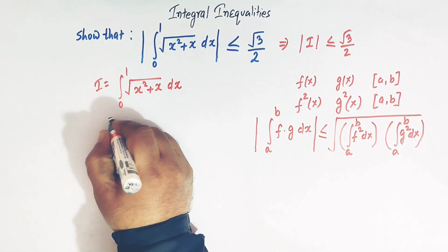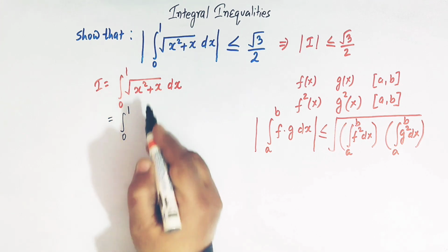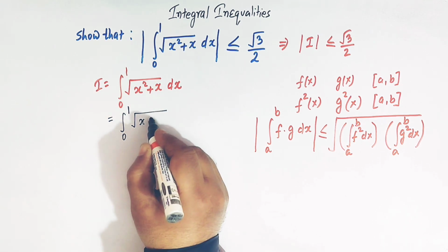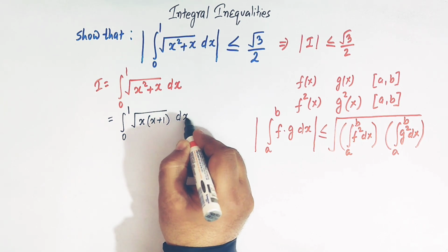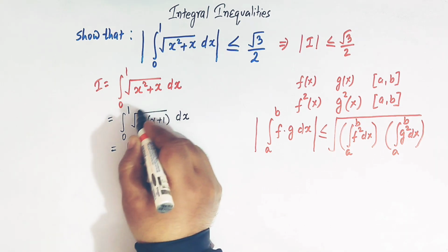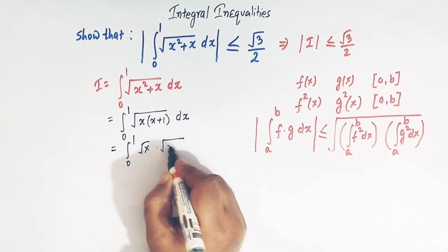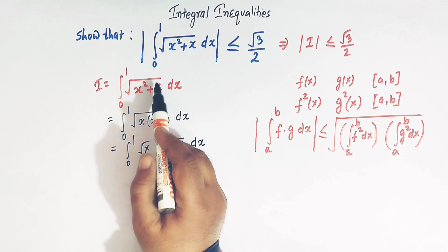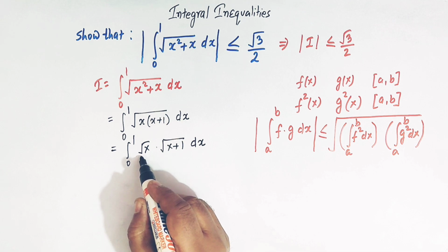So now let us concentrate on this integrand. Here we have square root of x square plus x, which can be written as x times x plus 1, and here we have dx. So we can further write this integrand as square root of x times square root of x plus 1 dx. Why have we expressed square root of x square plus x like this?